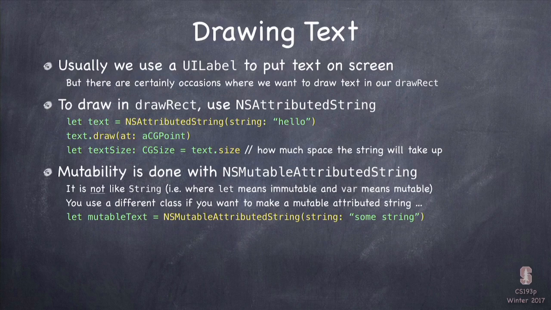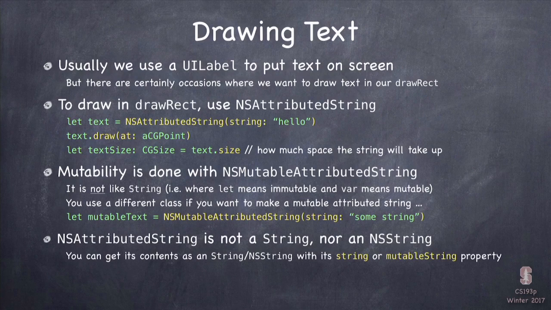You have a mutable attributed string. All right? Now, if you have an attributed string, mutable or not, you can get back the string that's in it as a String object using the var string, or mutableString in the mutable case. Okay? That's kind of confusing because, of course, you're used to var and let being how a string is mutable or not, but that's how you can get the string back.